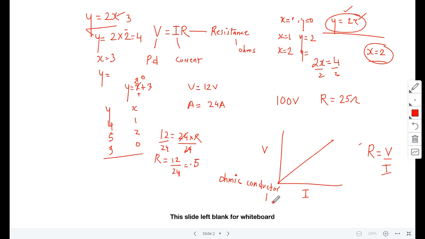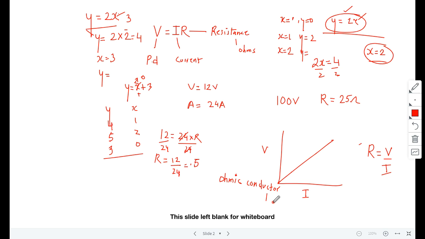Yes, conductors on which Ohm's law is applicable, or that follow Ohm's law, are called ohmic conductors. So the heading should be ohmic conductor, and you have to write a definition: those conductors that follow Ohm's law are ohmic conductors, and those that don't follow are known as non-ohmic conductors. Wait, could you slow down because I'm trying to write this information. Yes.